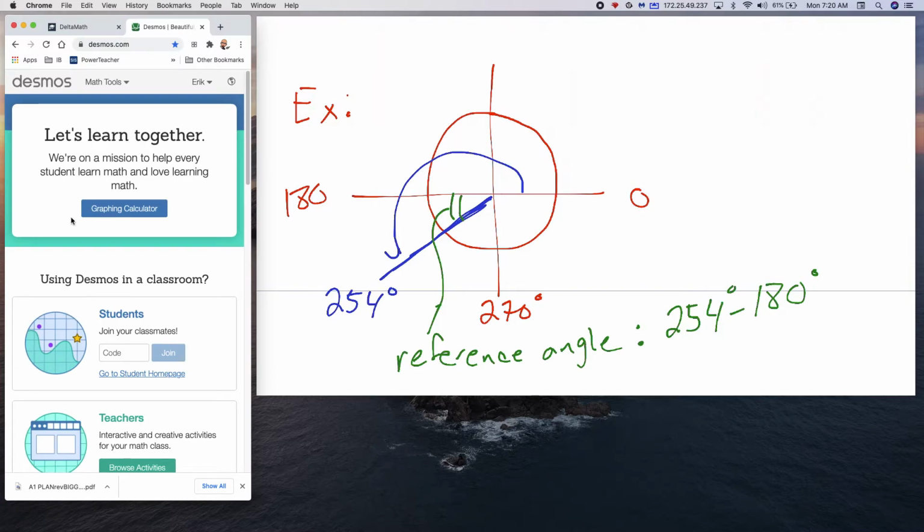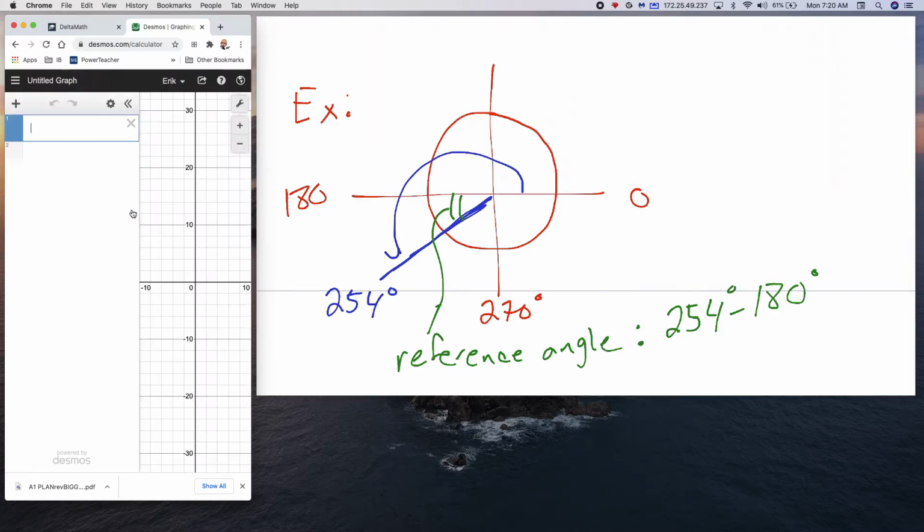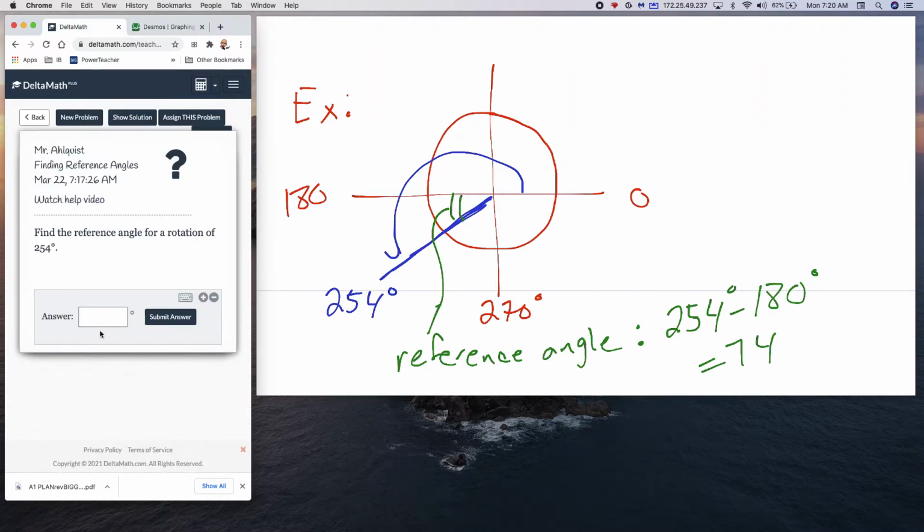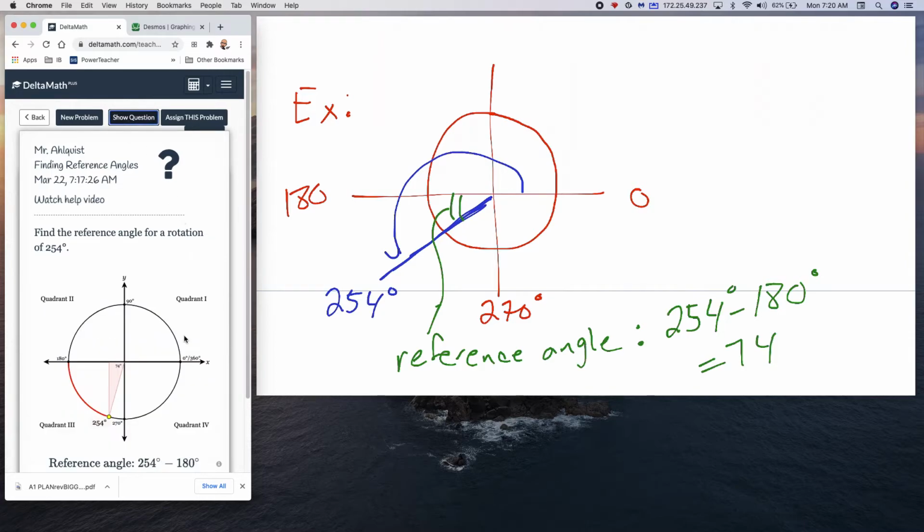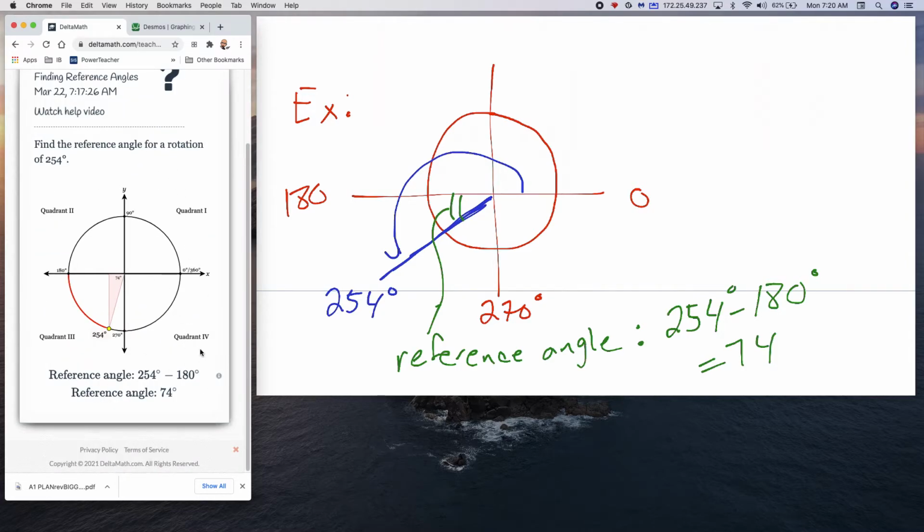Some of you, admittedly, can do this off the top of your head and know that it's going to be 74. But you could do 254 minus 180, and you'd end up with a reference angle of 74. So that's the answer they're looking for right here. If you look for it, that's the way they're going to draw it. It comes down in that quadrant.